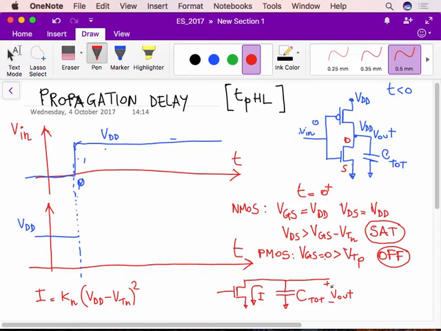And therefore, the derivative of the charge of the capacitor is C times dVout over dt, equal to minus I. So, because when I with this sign is positive, the derivative of the voltage is negative.